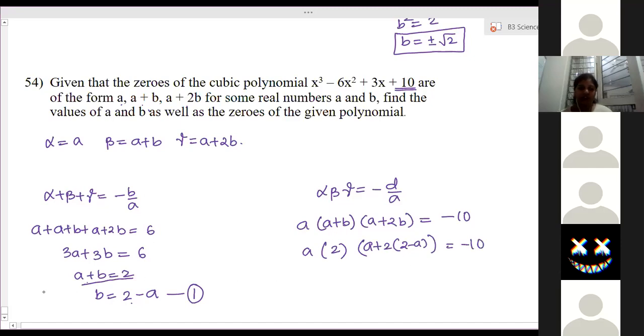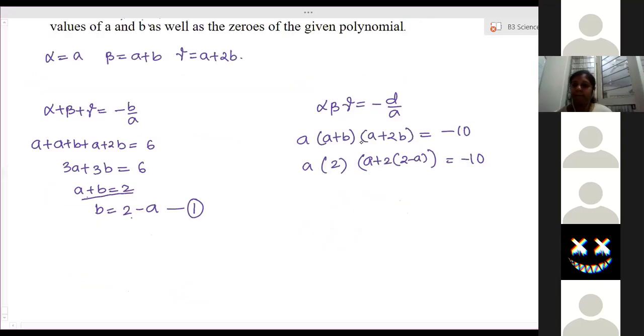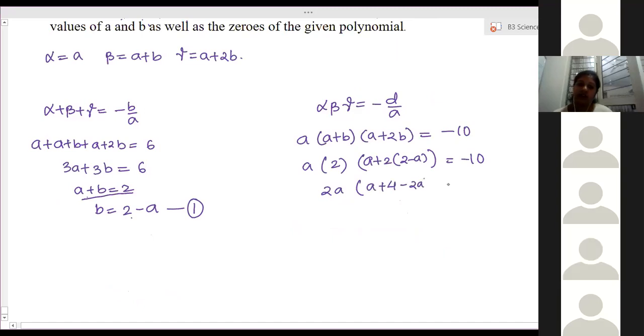Now are you able to simplify? A into bracket A plus 4 minus 2A is equal to minus 10. So this 2 will be transferred to this side. A in bracket 4 minus A is equal to minus 5, right? This step clear?